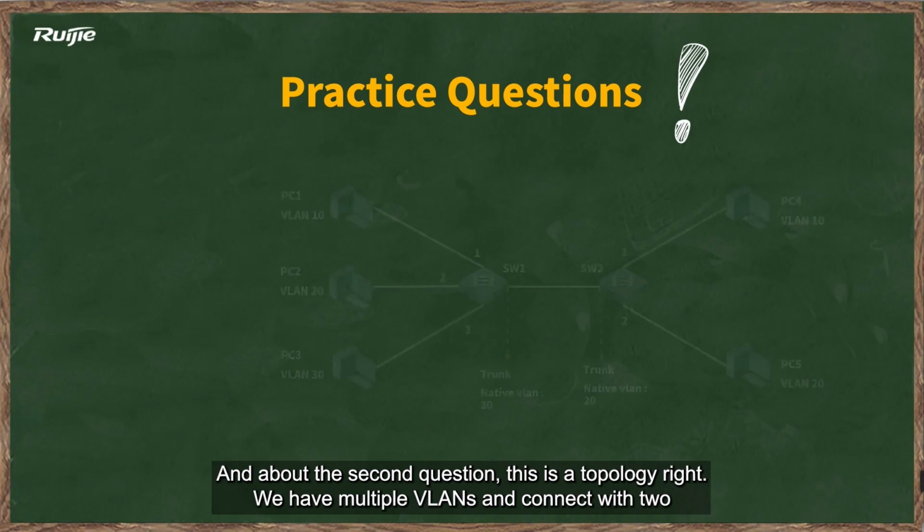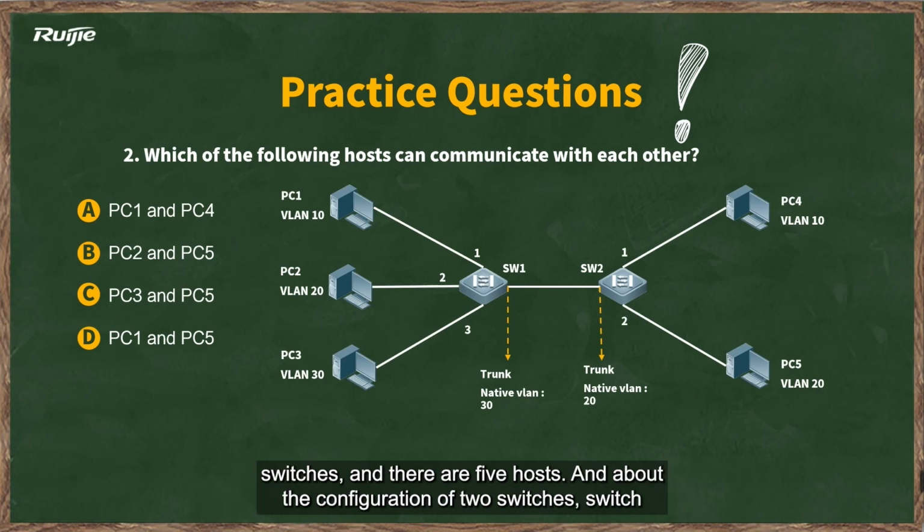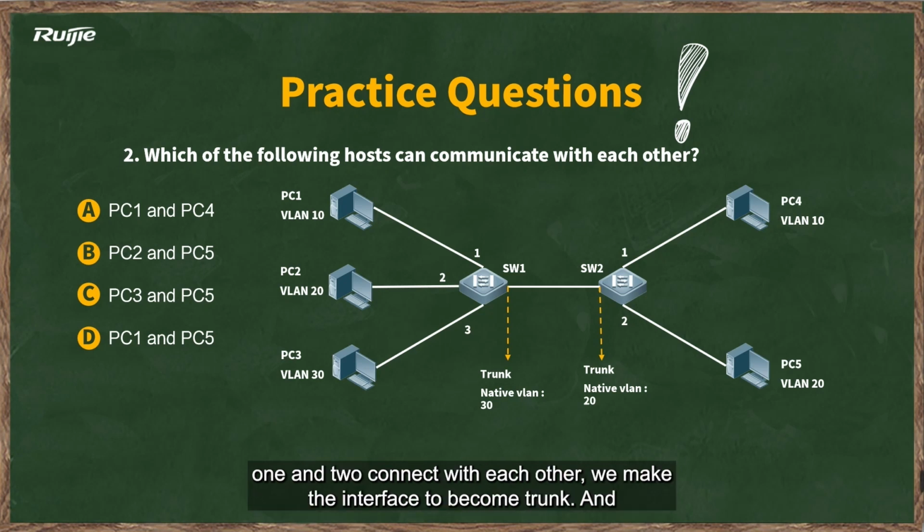And about the second question, this is a topology, right? We have multiple VLANs connected with two switches, and there are 5 hosts. About the configuration of the switch, switch 1 and 2 connect with each other, and we make the interfaces become trunk.